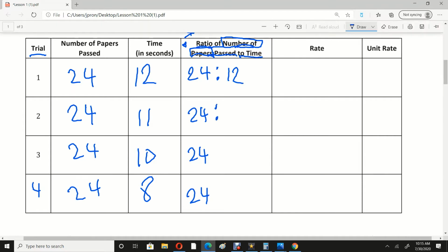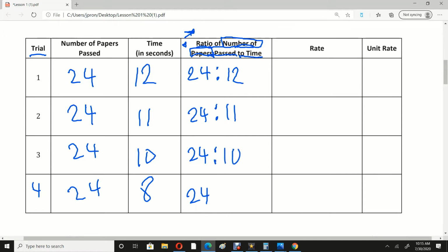And in the second one, you just go down, same thing, 24 to 11. Time is our second value here. 24 to 10, 24 to 8. Again, whether you're in class or following along at home, you're copying all this down. Great, fantastic. So this is the ratio of number of papers passed to time, right? The number of papers passed in the number of seconds.